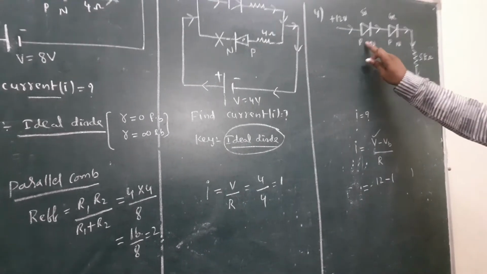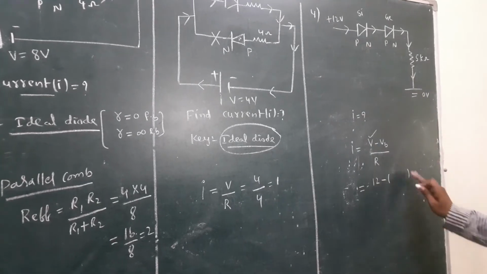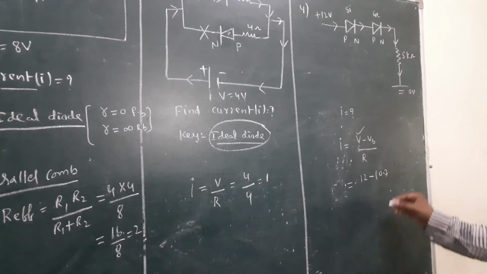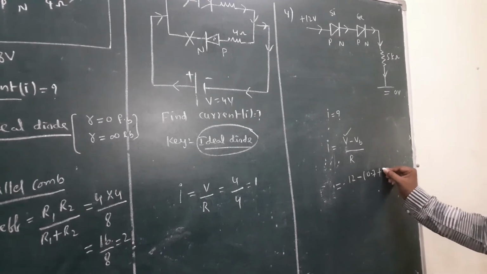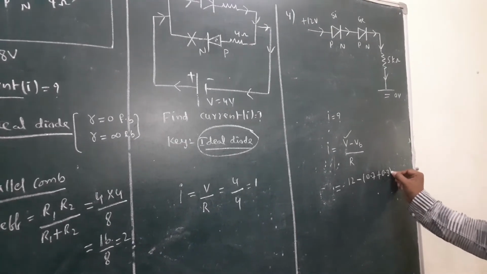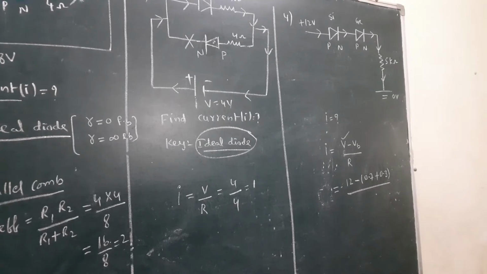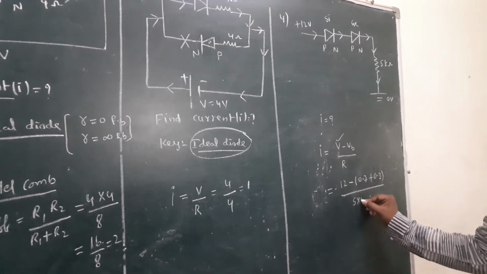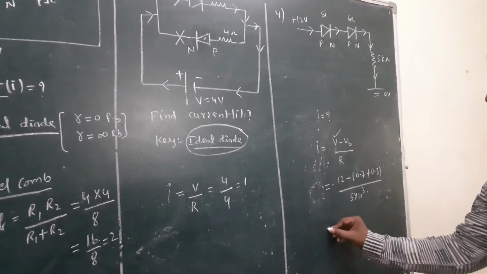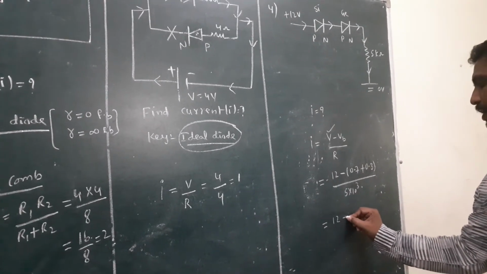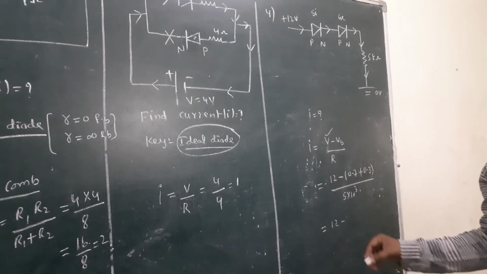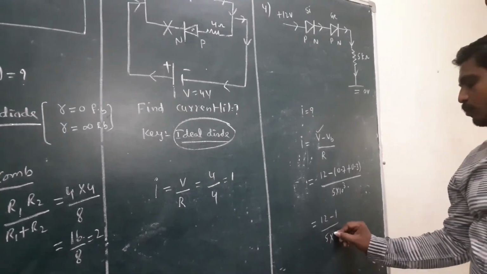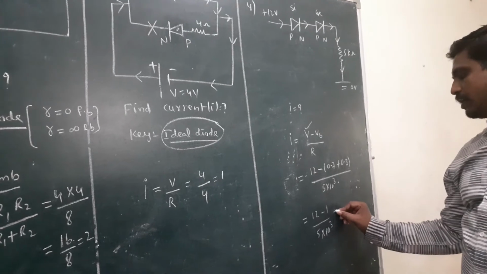For silicon the potential barrier is 0.7, plus the next metal, germanium, whose potential barrier is 0.3. R is the resistance, 5 kilo means 5 into 10 power 3. Here 12 minus (0.7 plus 0.3), written as 1, by 5 into 10 power 3.